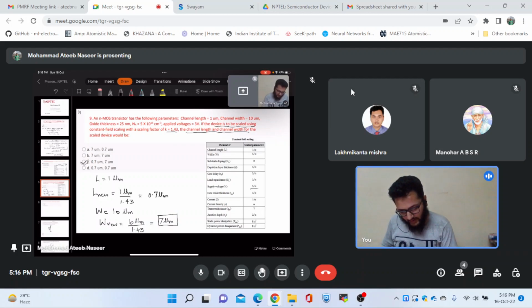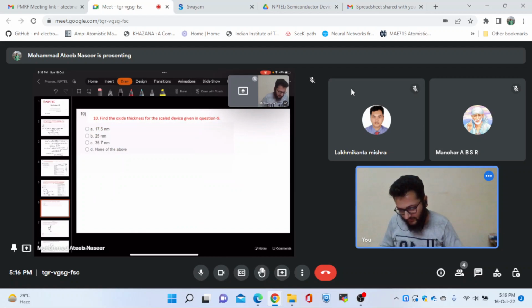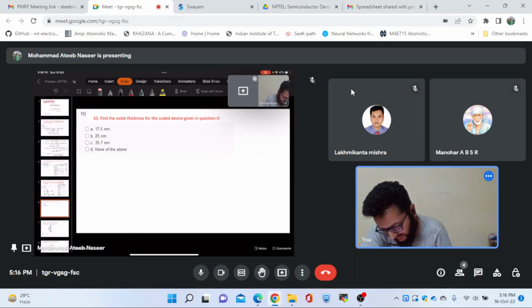Now, what would happen to the TOX? We have to find that as well. The oxide thickness needs to be scaled by the same factor as well. We had this equal to 25 nanometer. Yes, it was 25 nanometer.